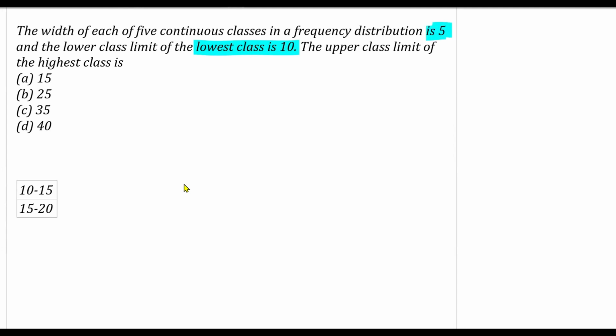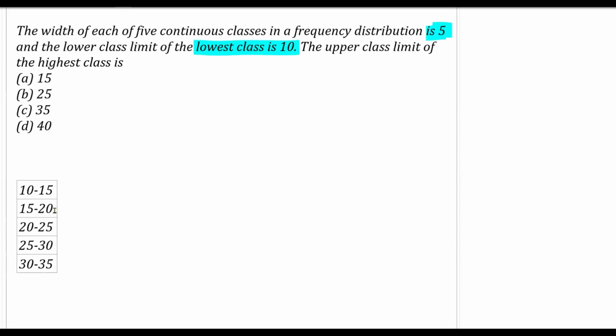The width is how much? 5. So if I keep on doing, and how many classes do we have to make in total? 5 classes. So the next is continuous. It is going to start with 15 and end with 15 plus 5, that is 20. Next is going to be 25 to 30, and lastly 30 to 35.